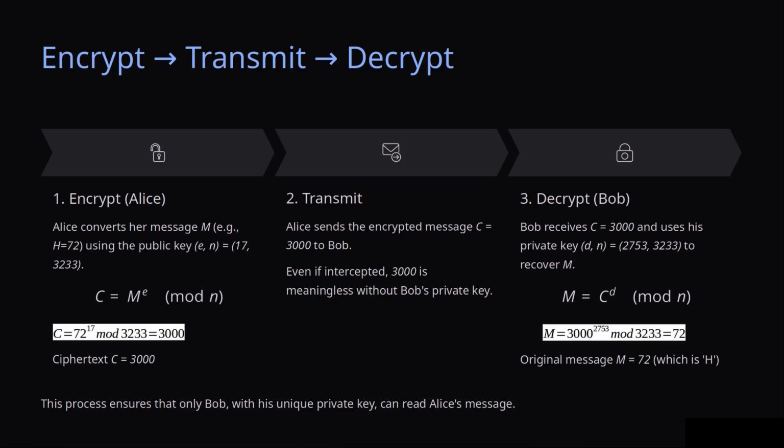So he assumes the original message was 72. If he looks in the ASCII table, 72 is equivalent to H. So if none of both parties made a mistake through encrypting or decrypting, they end up with the same message. So this process ensures that only Bob with his unique private key can read Alice's message.